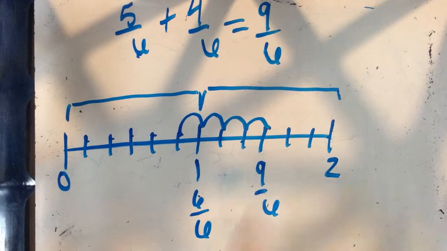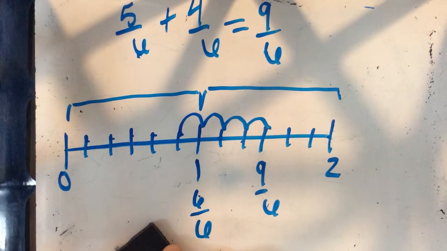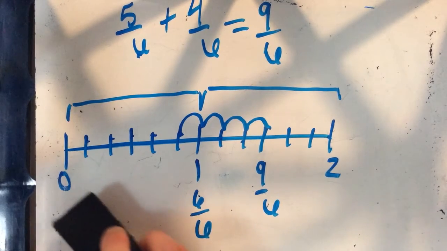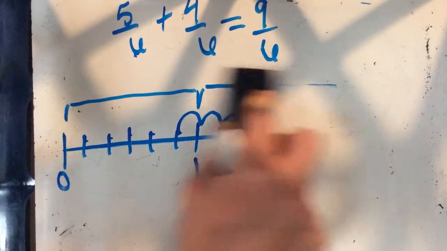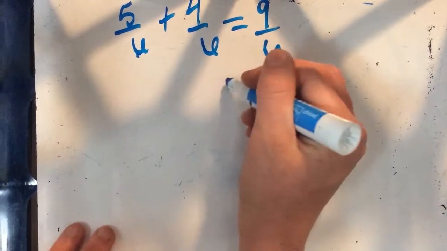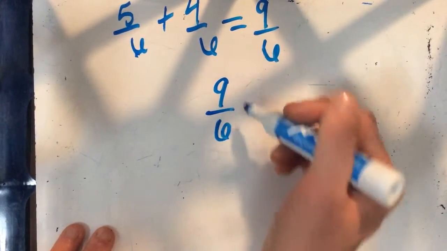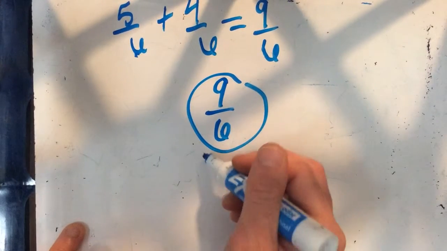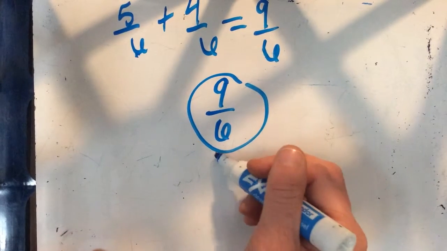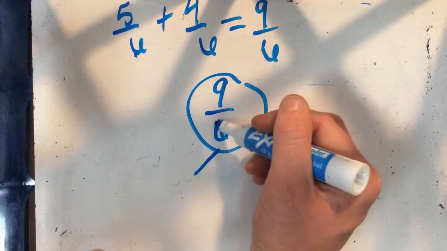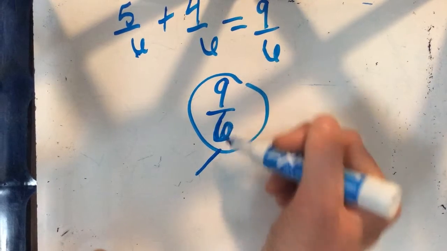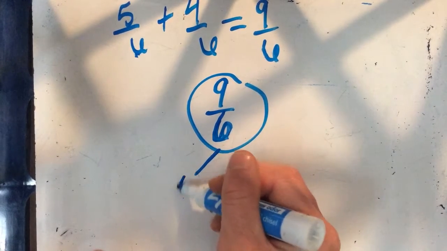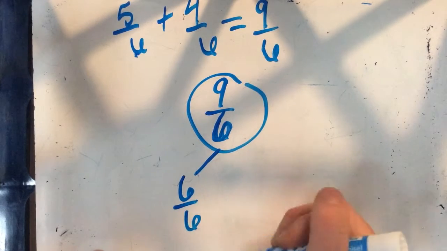Now the last step is to turn this improper fraction into a mixed number. So we'll go ahead and do a number bond for that. We know that 9/6, if we decompose this, we know that if we want to make one whole in order to help us make a mixed number, it will take 6/6 to make one whole.